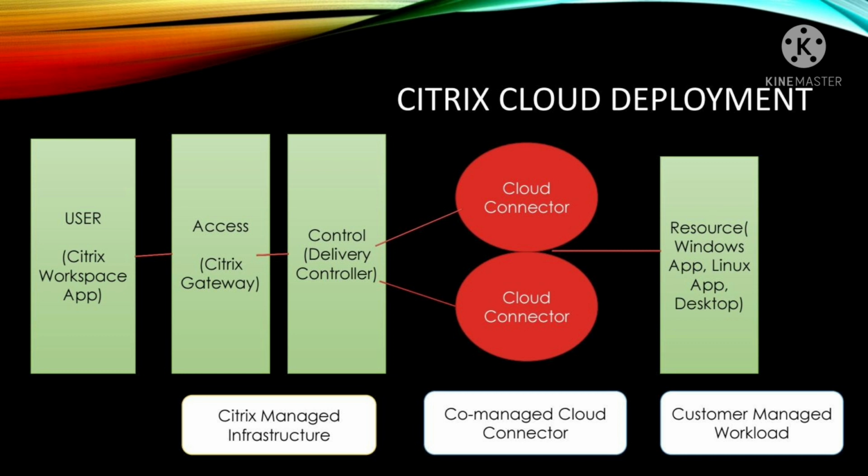Now first let me explain what is the difference between on-premises and cloud. With on-premises, once the software is purchased, you will be the complete owner of that product or software, which means there will be no third party involved for doing any maintenance or update, and you have to take complete ownership and take care of the application completely.